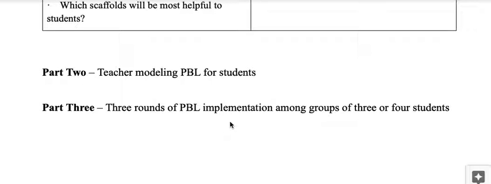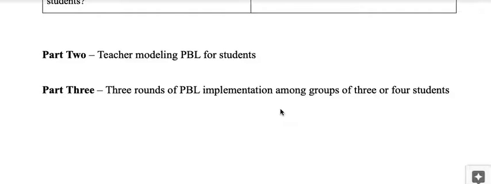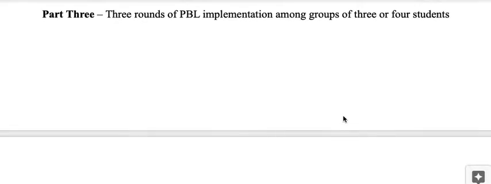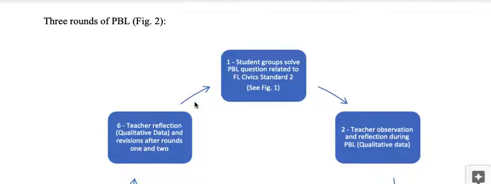And then their final assessment will be where they do the PBL process all on their own without any help from the teacher. I'm going to put them in groups of 3 or 4 students. And again, they will go through these 3 rounds of PBL.